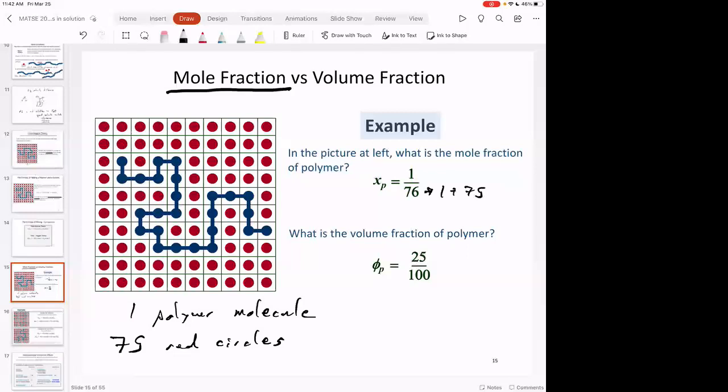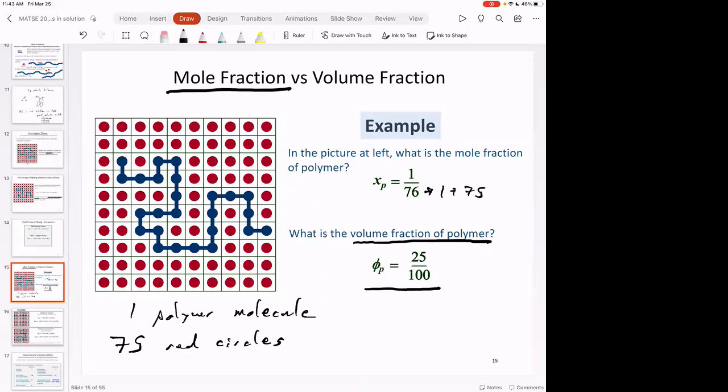And so in order to get a more accurate representation of the mixing problem, we use volume fraction. There are 100 volume units in this checkerboard. The volume units are just two-dimensional squares, and the polymer is taking up 25 of those. That's a much more representative picture for how much polymer is there versus how much solvent.